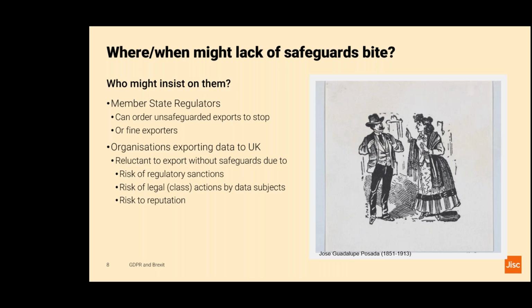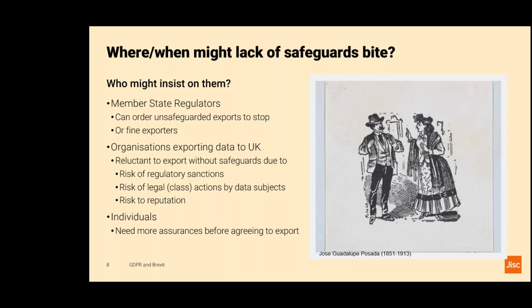You just have to think back over past years about criticisms of organisations that have sent data to the US, and think in future the UK is going to be in the position that the US is at the moment. And individuals may well look at the UK and say they have left, they are no longer part of this pan-European arrangement.